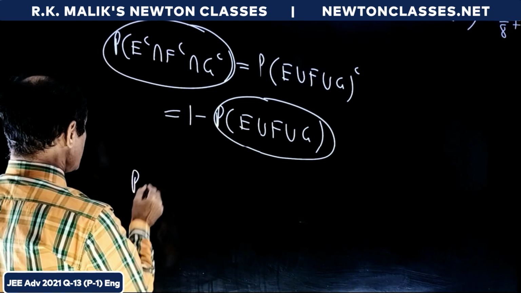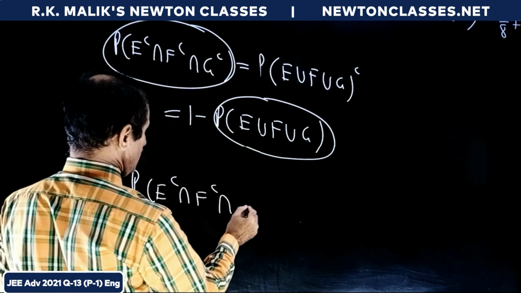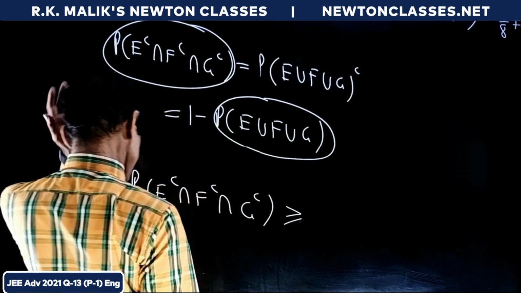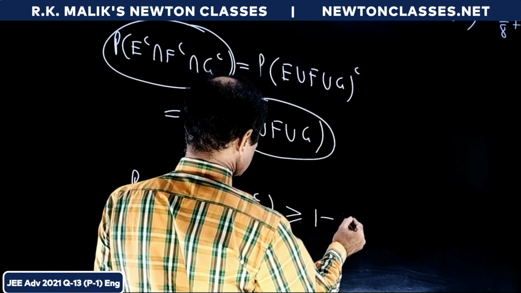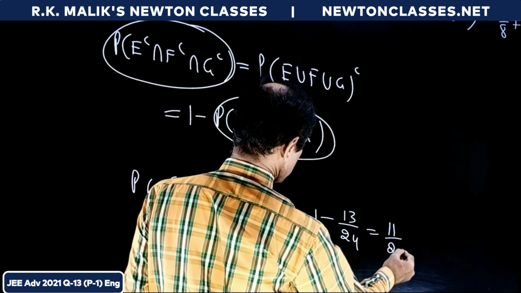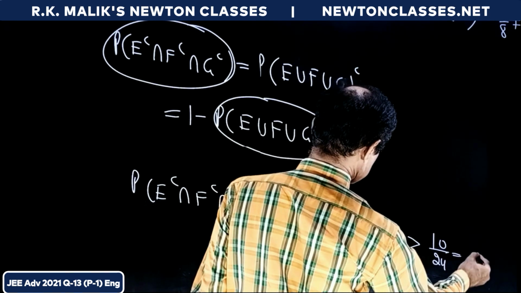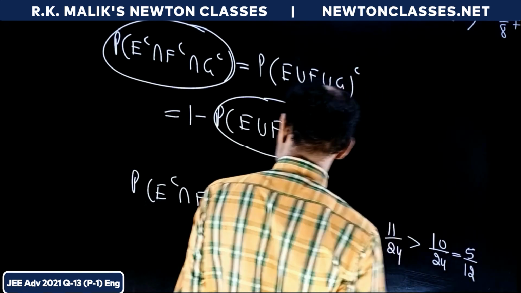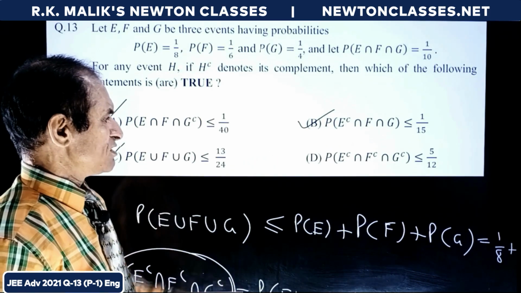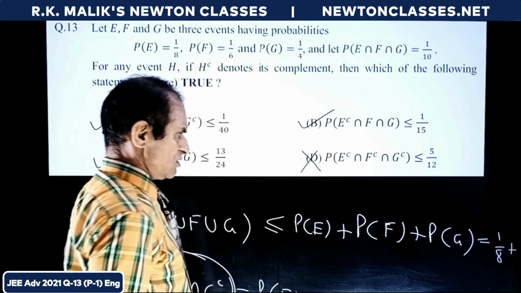That is, I can say P(E^C intersection F^C intersection G^C) is clearly greater than or equal to 1 minus 13 by 24, that is 11 by 24, and it is clearly greater than 10 by 24, that is 5 by 12. Hence I can say this is greater than 5 by 12, but the choice written is less than or equal to 5 by 12. Hence I can say D is the wrong choice.